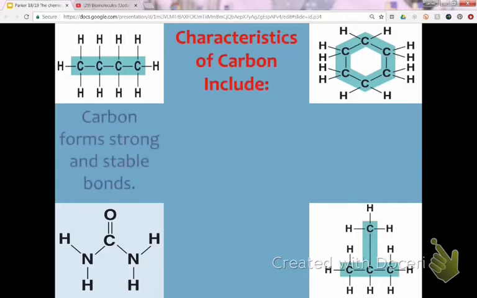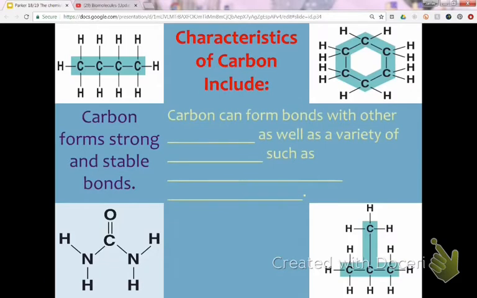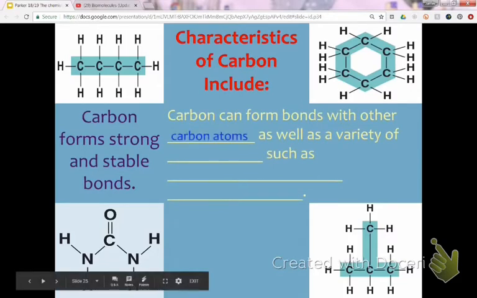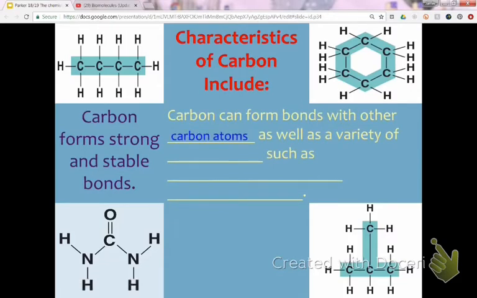So characteristics of carbon include the fact that carbon forms strong and stable bonds. Carbon can form bonds with other carbon atoms, as well as a variety of other elements, such as oxygen, hydrogen, nitrogen, sulfur, and phosphorus.